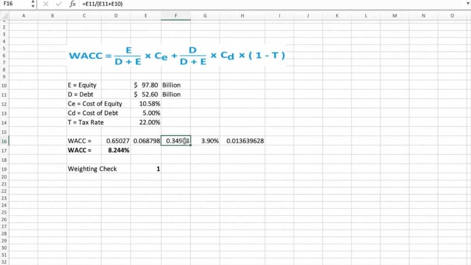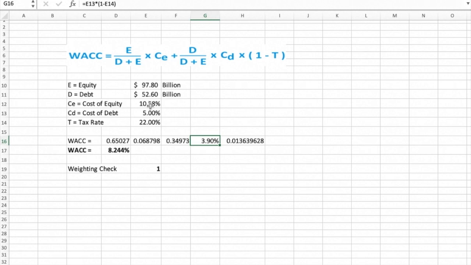So here is the next number. This is the fraction debt divided by debt plus equity, and that's about 35%, right? It's these same numbers with the debt on top instead of the equity on top, and again these two numbers add up to 1. Then the cost of debt is over here, times 1 minus the tax rate. So it's 5% times 1 minus 22%, and 1 minus 22% is 78%.